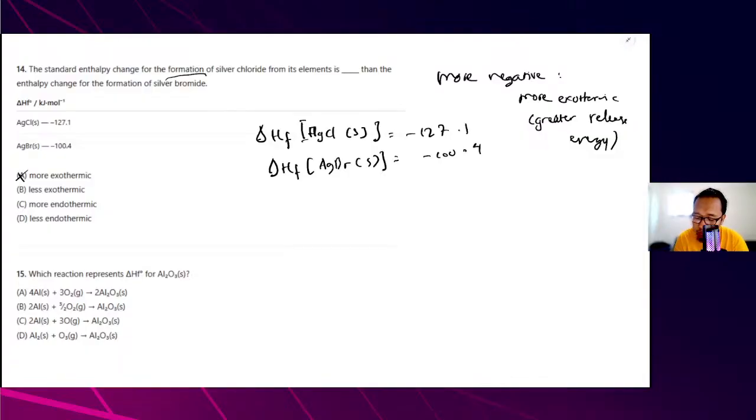Which reaction represents delta HF for Al2O3? Let me bring it up first.